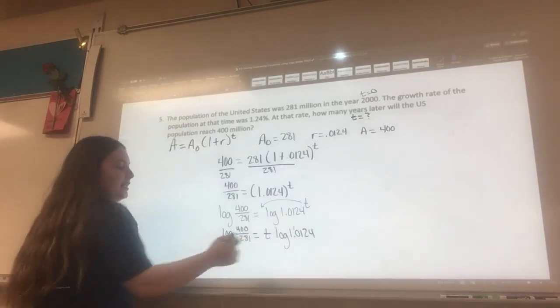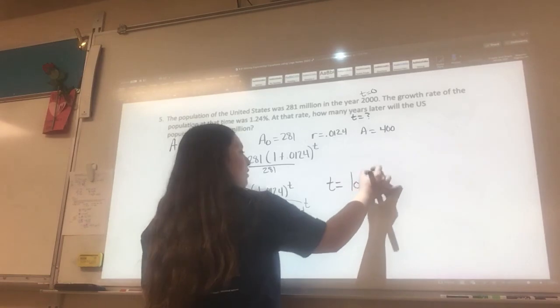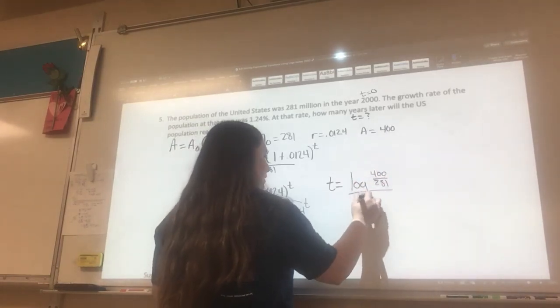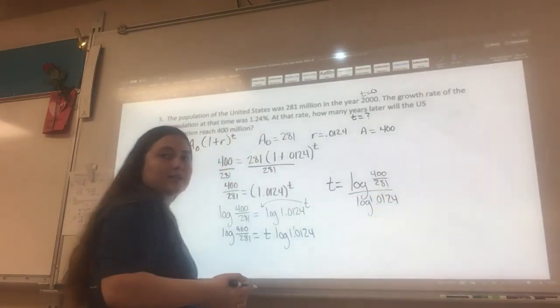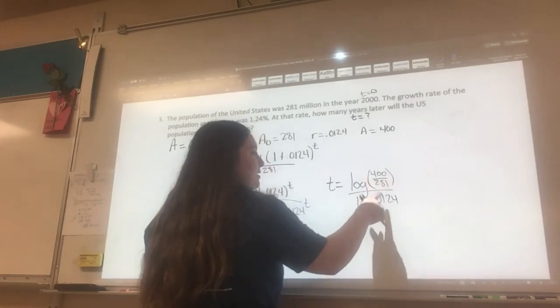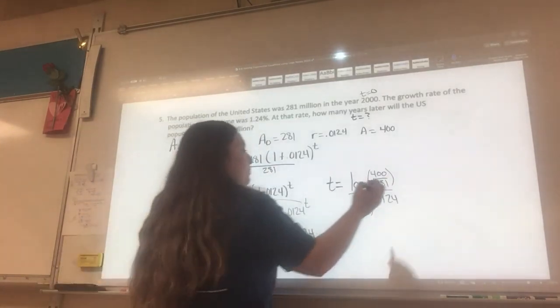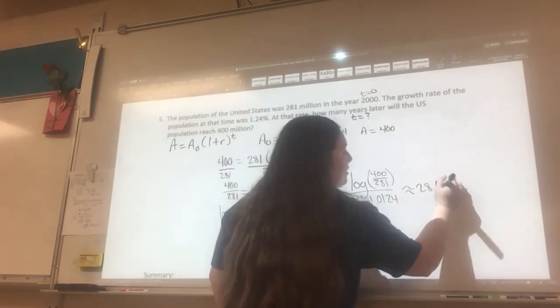I can divide by that log, so I'm going to get t equal to log of 400 divided by 281, all divided by log 1.0124. Make sure in your calculator you are putting this in parentheses before you divide by the other log. So you should be approximately getting 28.65 years.